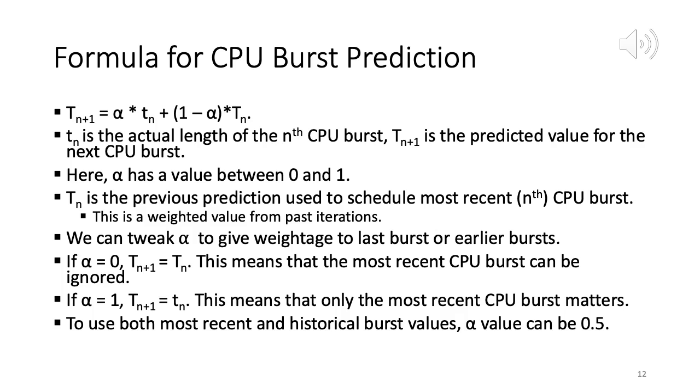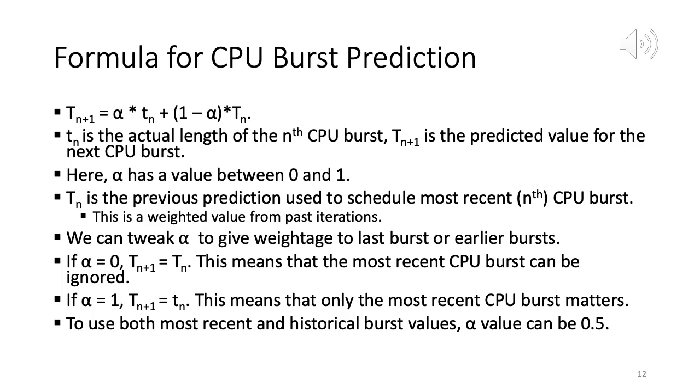And what is large T(n)? Large T is a prediction, so large T(n) is the previous prediction used to schedule the most recent CPU burst. This is a weighted value from past iterations. So you can take a sort of weighted average. One option could be that you take the average of all the previous CPU bursts, saying the next one will be equal to this, or in a simplistic way, that they are the same.